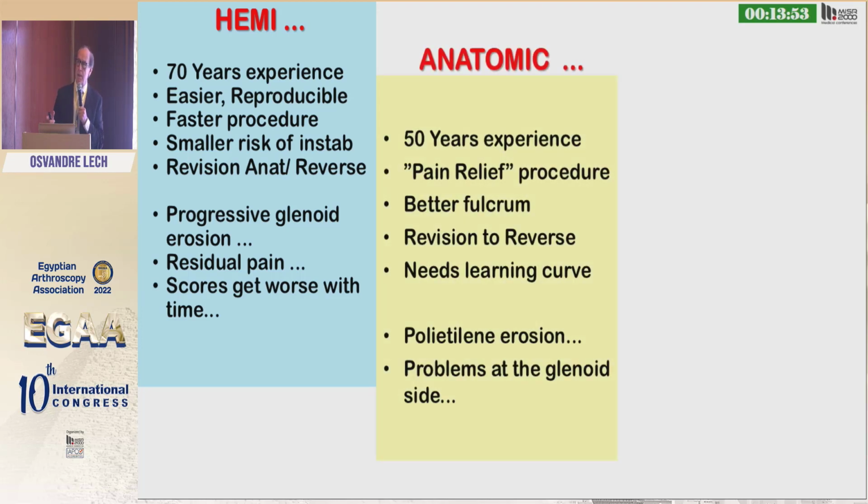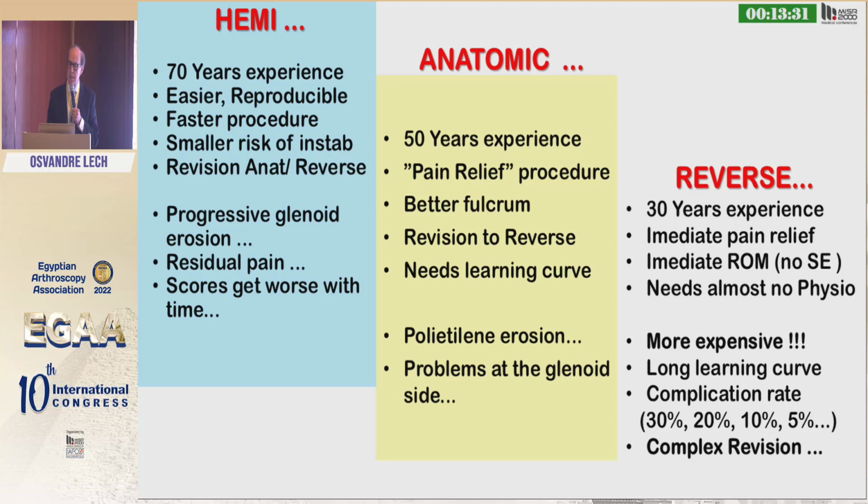Then comes anatomic, since the 70s, 50 years of experience, a great pain relief procedure, better fulcrum. When it needs to be revised, it goes to reverse, and needs a longer learning curve. There is polyethylene erosion and problems mostly at the glenoid site.